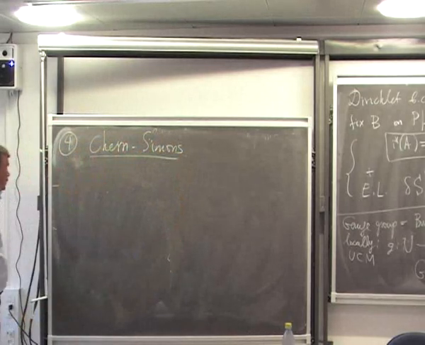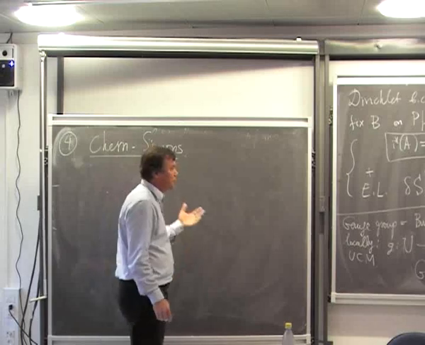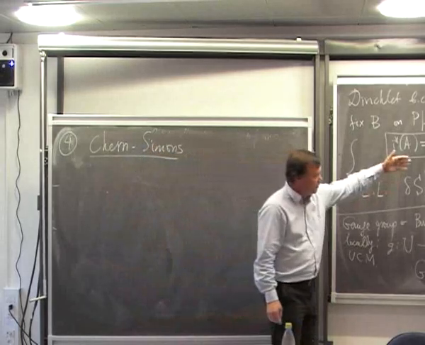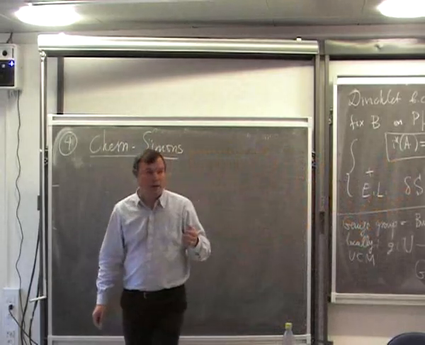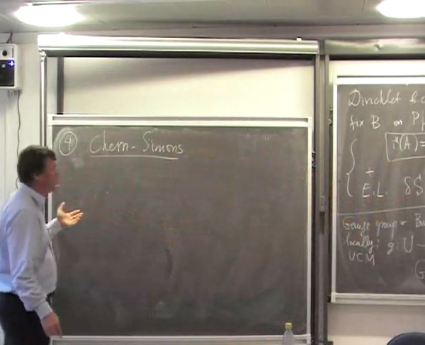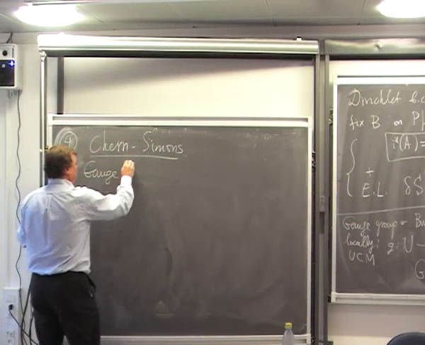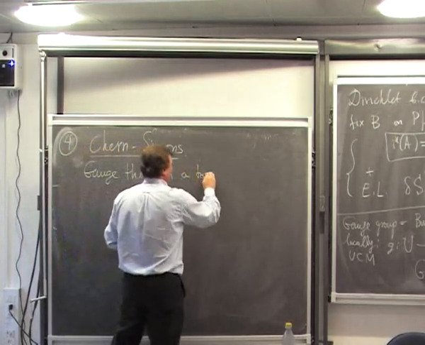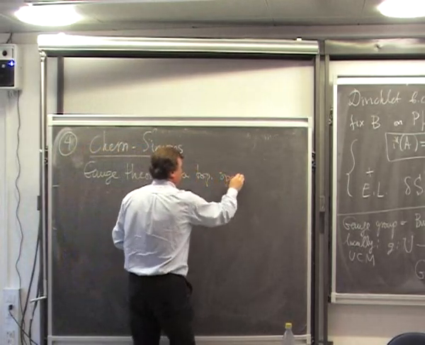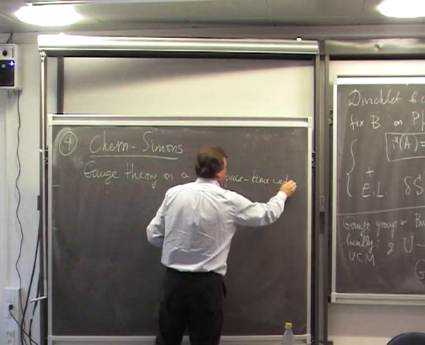So the remarkable feature of Chern-Simons field theory is that it's a gauge theory. So it has all these ingredients of being degenerate, but the space-time category is much easier. It's a gauge theory on a topological space-time category.